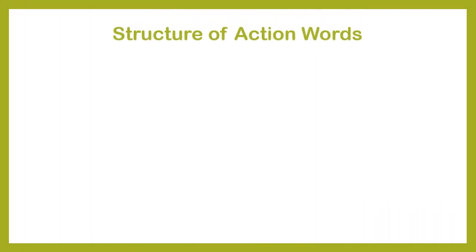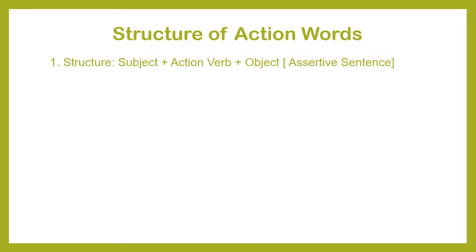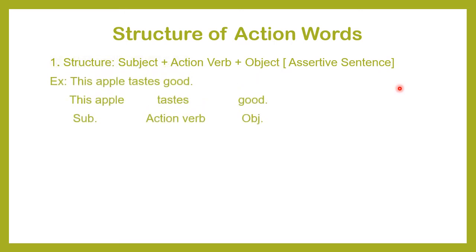Now see the structure of action words. In an assertive sentence, the structure will be like this: first you have to put the subject and then the action verb and then the object. For example, this apple tastes good.